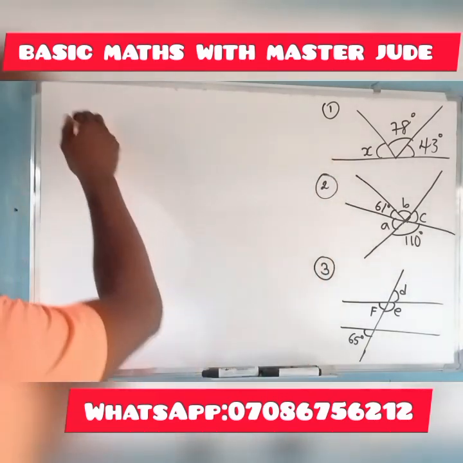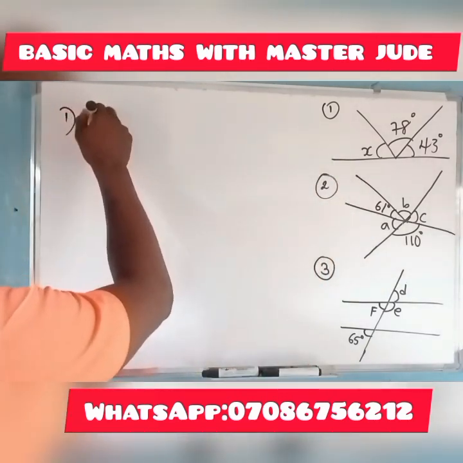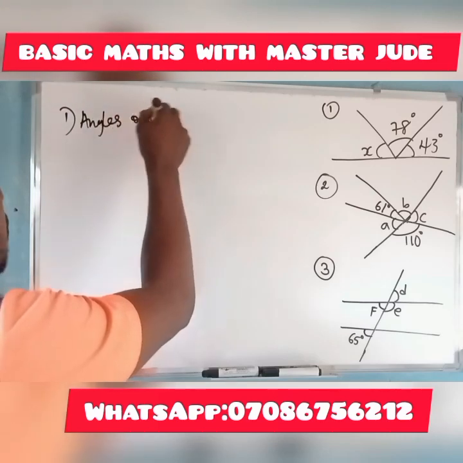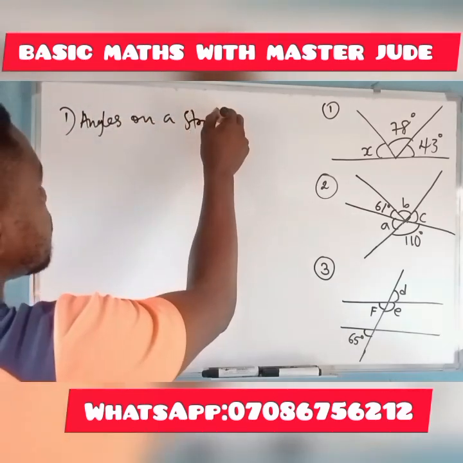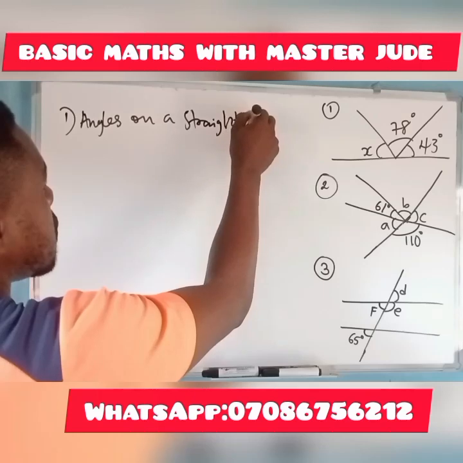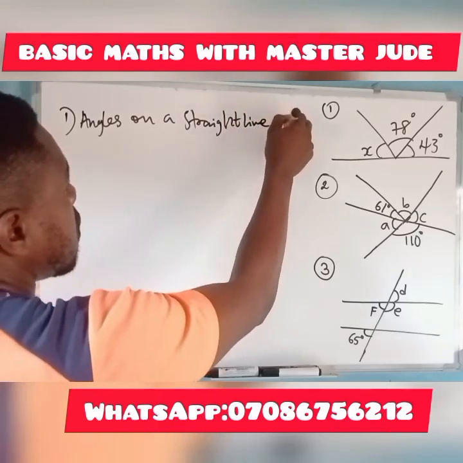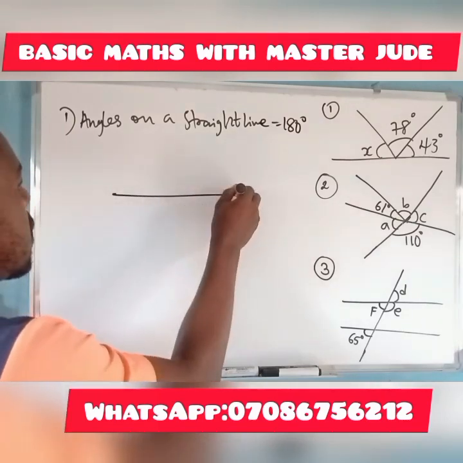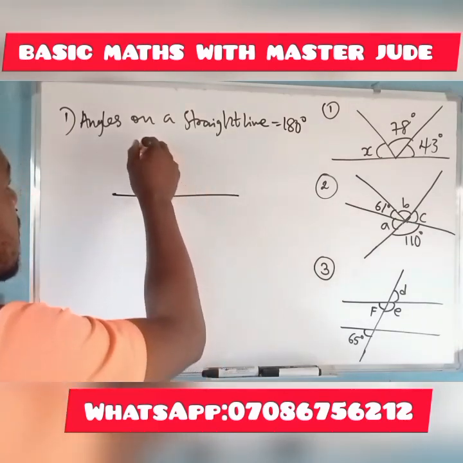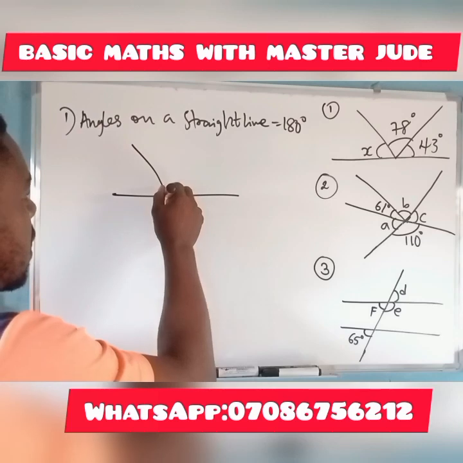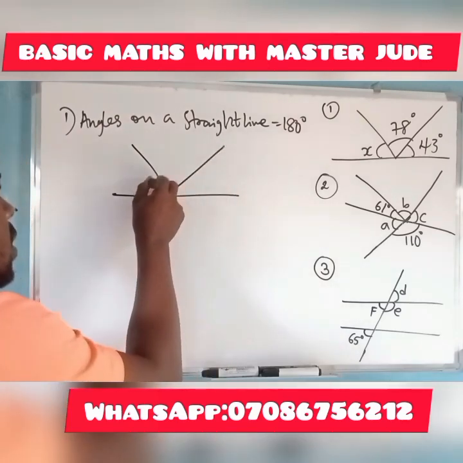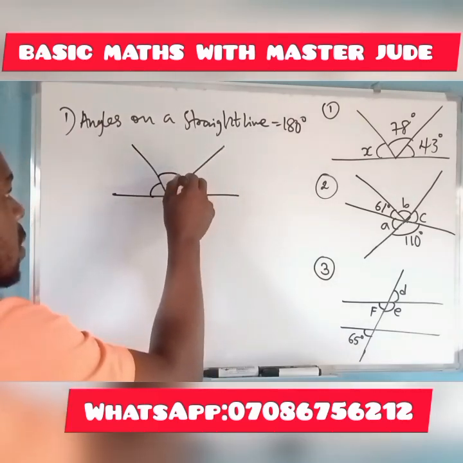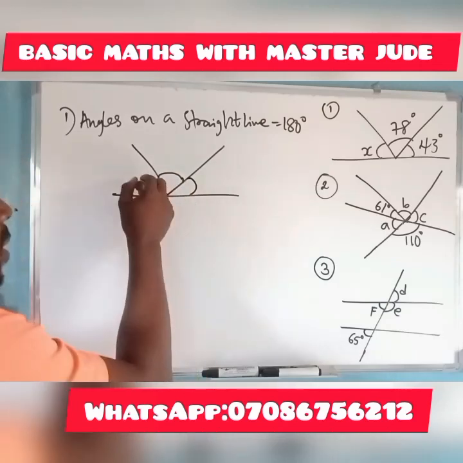The first property says that angles on a straight line is equal to 180 degrees. Let's say this is your horizontal line. We'll have another line here, and another line here.